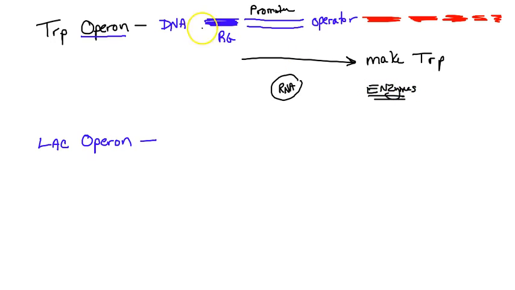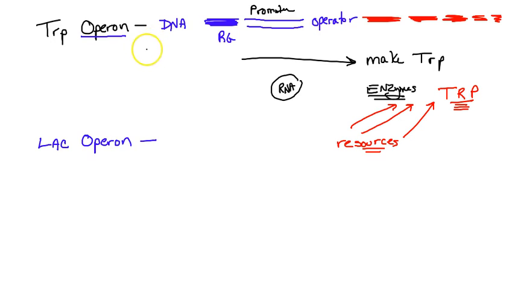Help take resources that we have in the cell. So we take resources, and from these resources and with the enzymes, we make tryptophan, which can be used for whatever purpose it's needed for. So we're going to take up some resources.